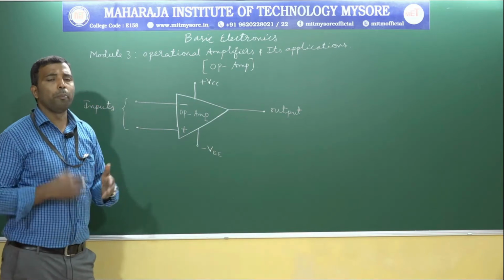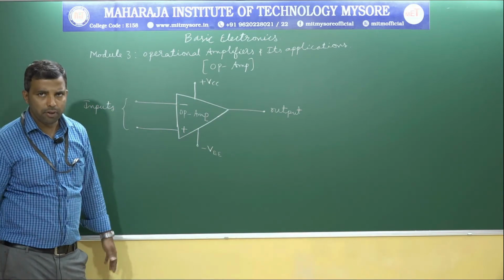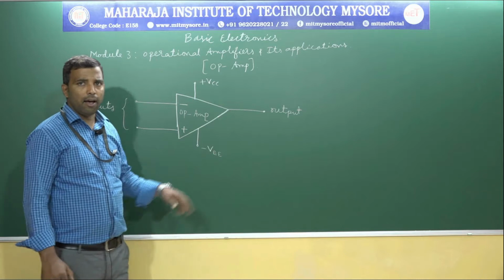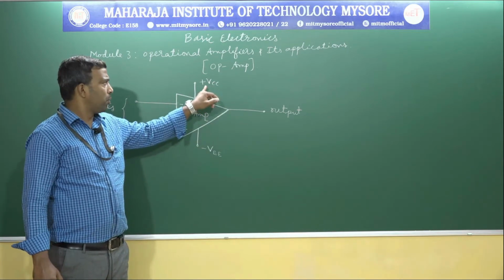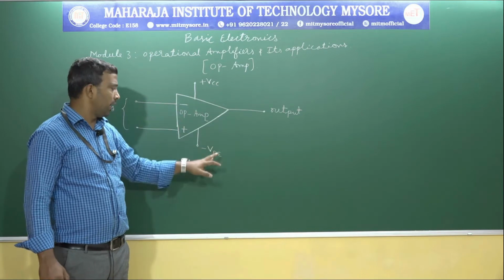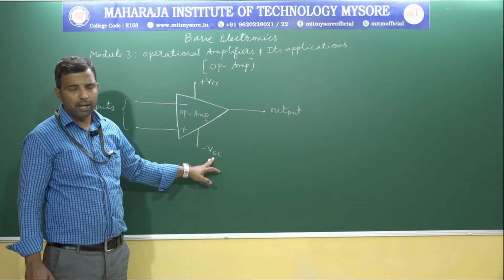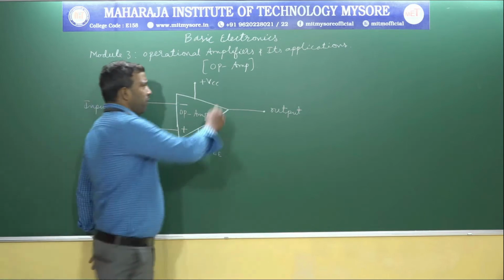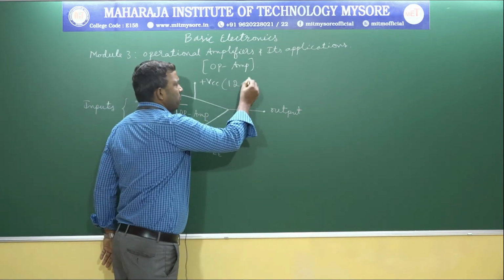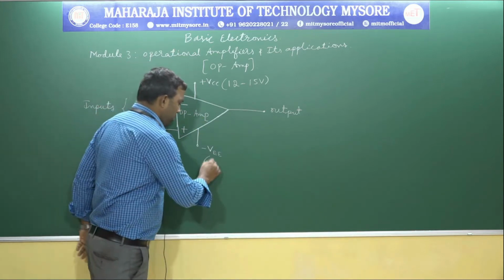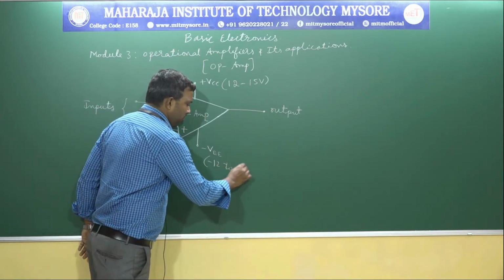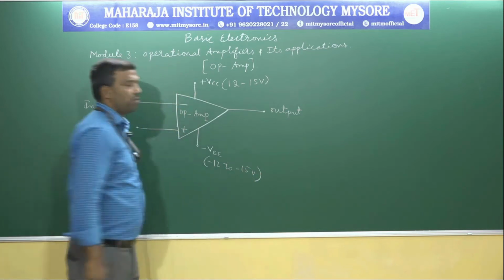To operate any electronic device, we require a voltage supply: positive voltage VCC and negative voltage VEE. This is about 12 volts to 15 volts, and this is about minus 12 to minus 15 volts.